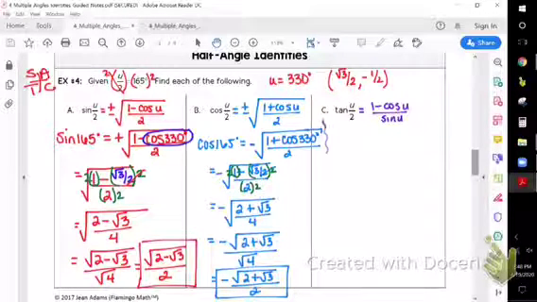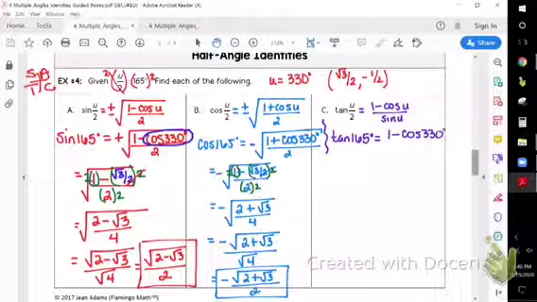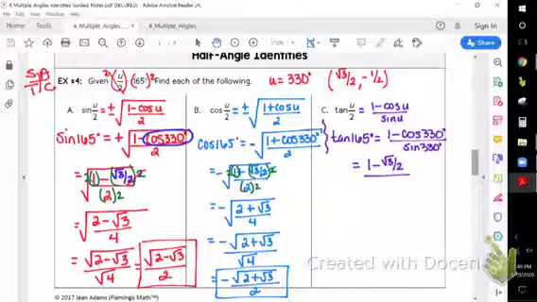Alright, so we're looking for tangent of 165 degrees, which means it's equal to 1 minus cosine of 330 degrees over sine of 330 degrees. We said cosine was our x, so it's going to be square root of 3 over 2, over sine of 330 degrees. Sine is our y, so it's going to be negative 1/2. All right, so let's see.